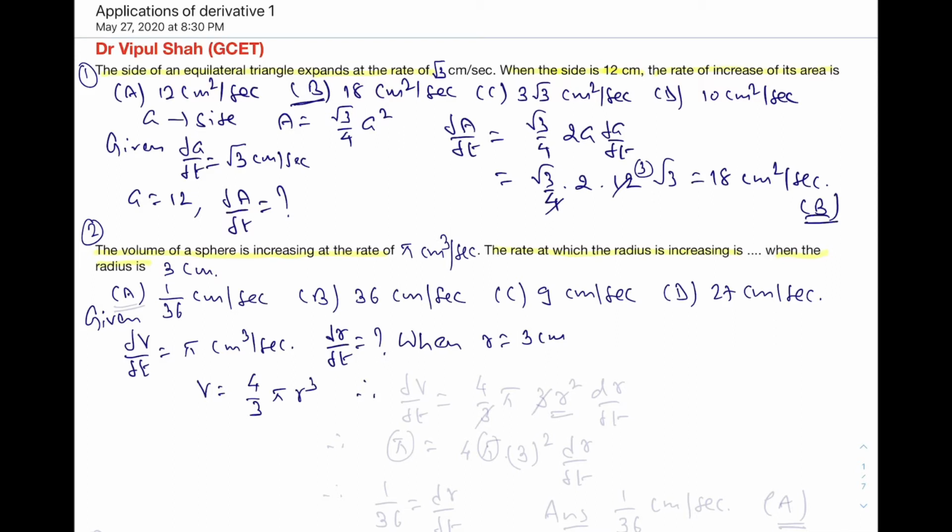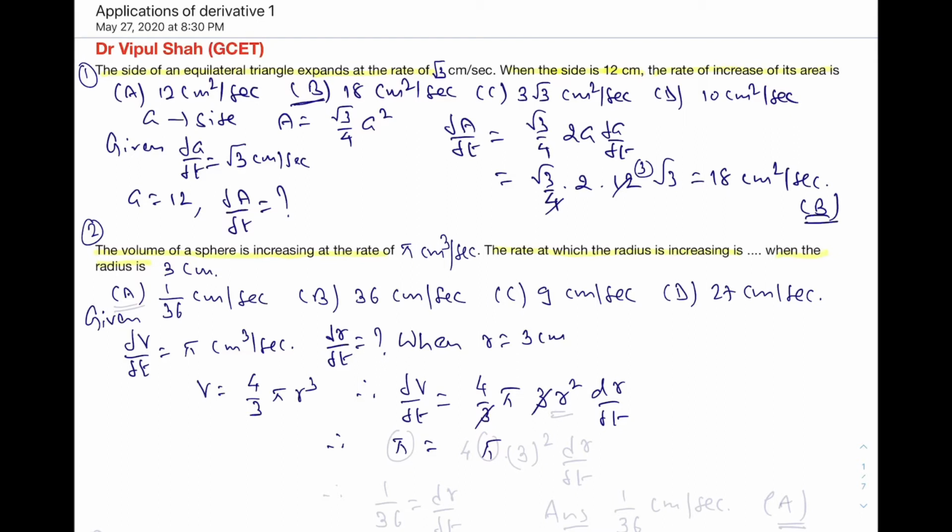And so what is dV by dt? So 4 by 3 pi, chain rule apply, 3r square and dr by dt. Now just write whatever you are given. So dV by dt is pi, 4 by 3 pi, this 3 you can even cancel, so you don't need to write this 3 here.